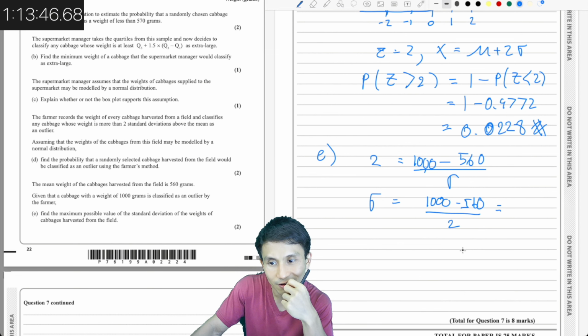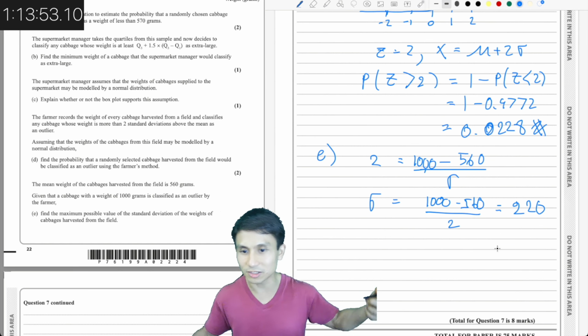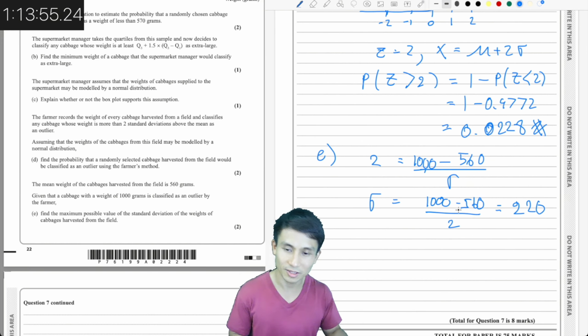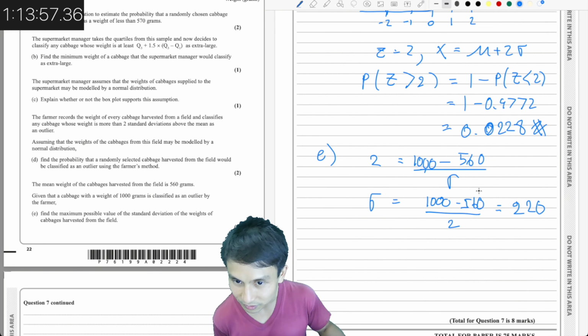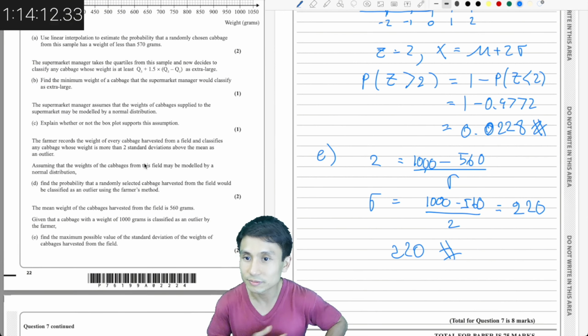Yeah, because 1,000 is very far from the mean, almost like 2 times. So that means the standard deviation is very large here. Okay, I'm going to take that. 220 is the answer.